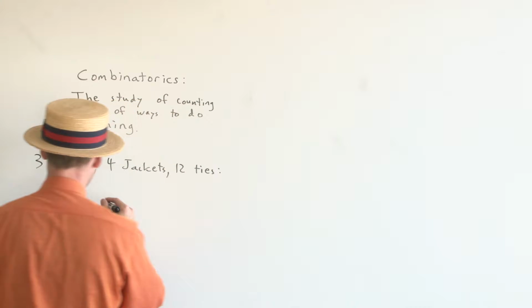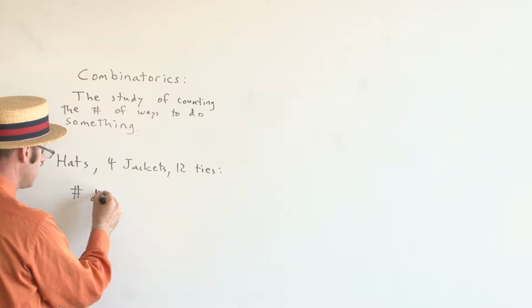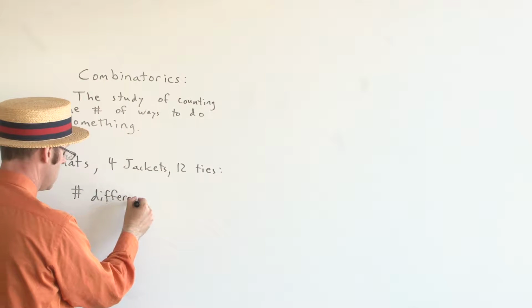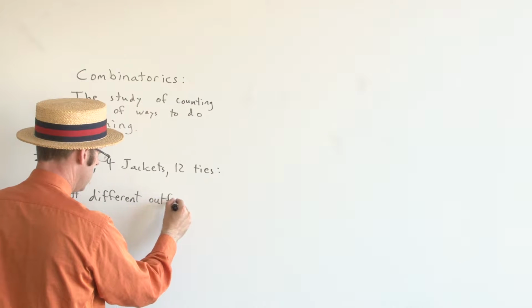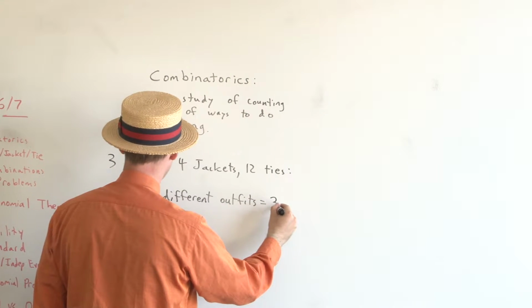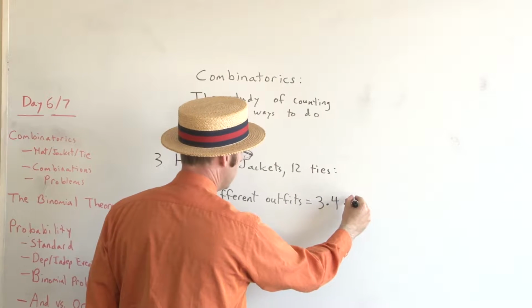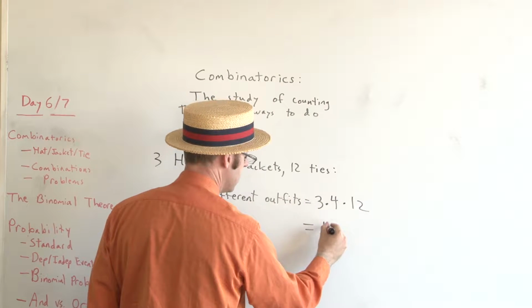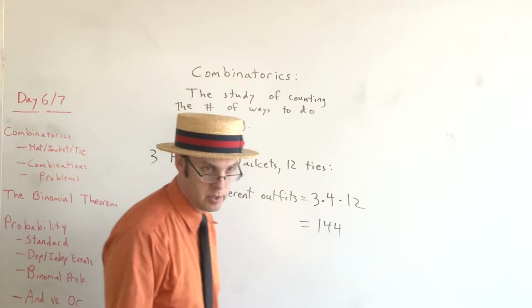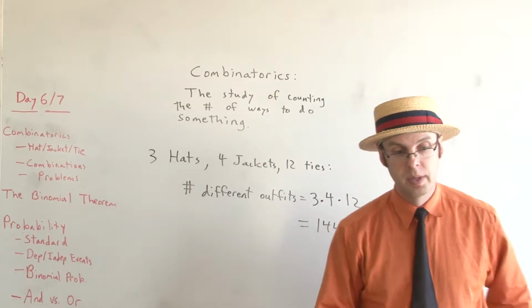My number of choices for hats times my number of choices for jackets times my number of choices for ties. So I have 144 different outfits you can make.